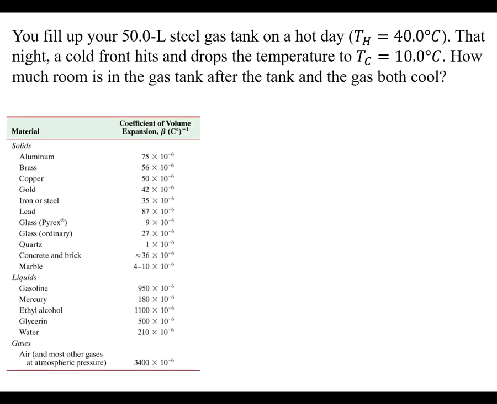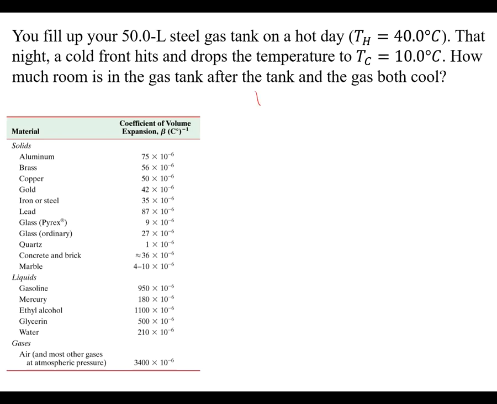Okay, let's do our second example. We have a 50-liter steel tank, the steel gas tank, and you fill it up to the brim on a hot day, 40 degrees Celsius. That night, a cold front hits and the temperature drops down to 10 degrees Celsius. How much room is in the gas tank after the tank and gas have both cooled?